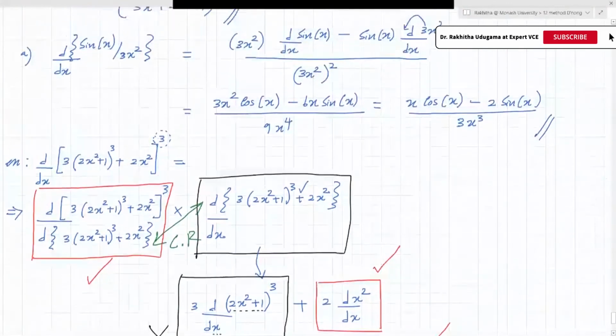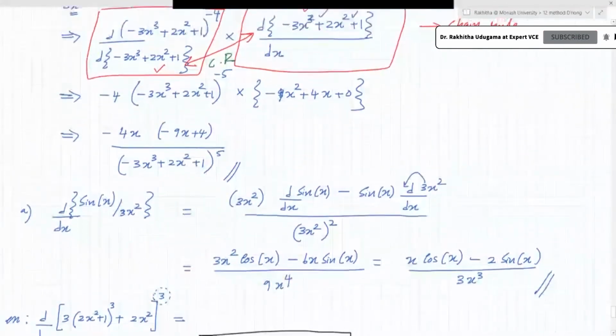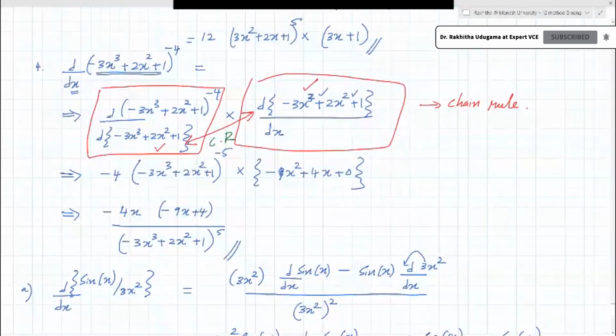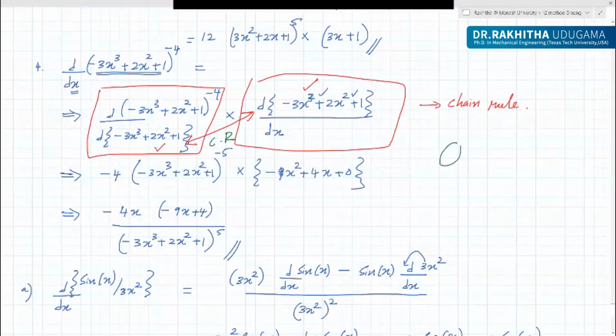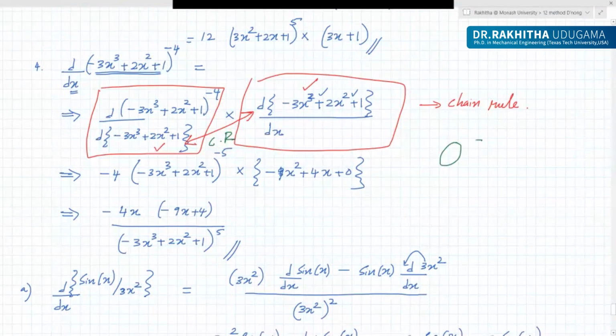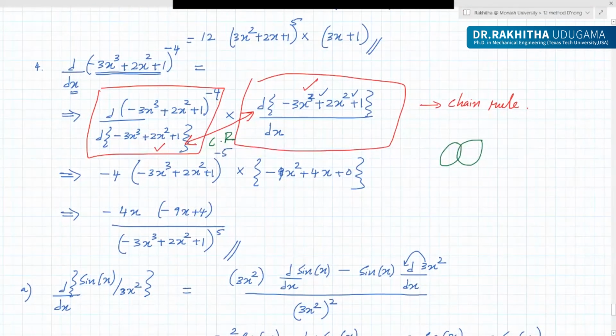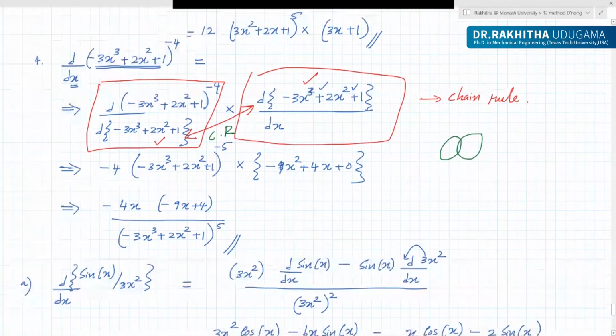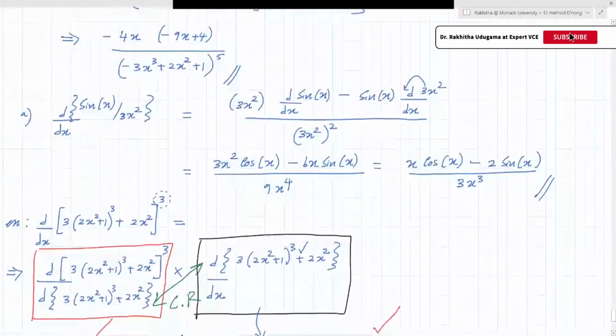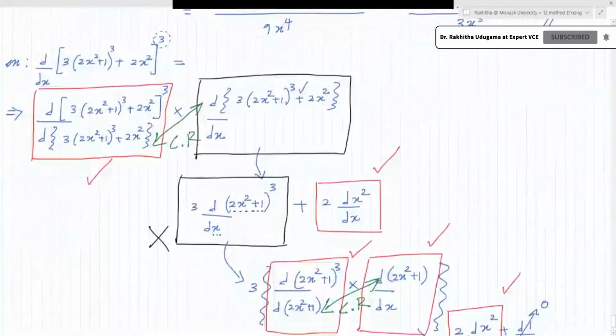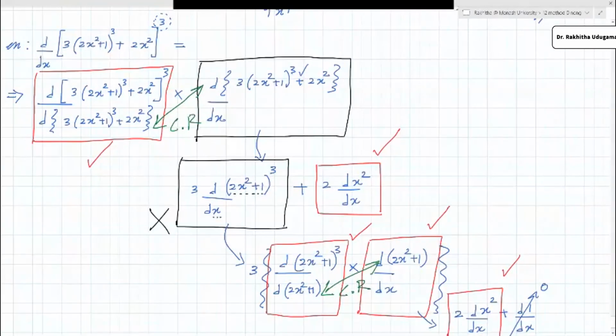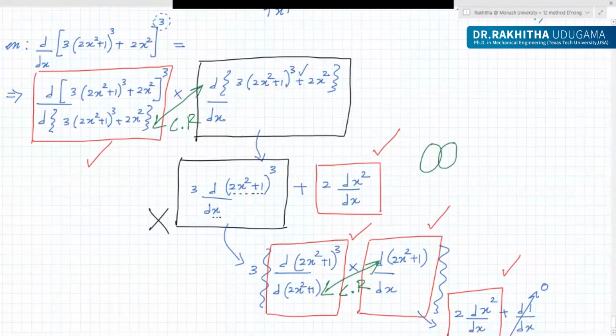So in a chaining business, this is one loop. Here it's like one loop connected with another loop. Here it's one loop, one connection, one chain rule, one chain. Now here, how many connections are there? 1 and 2. So one loop is connected with this, then there is another one connected with this.